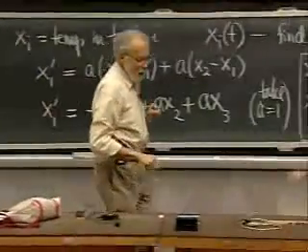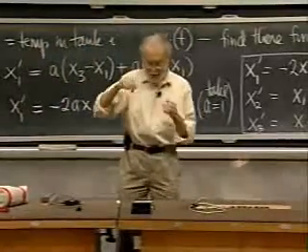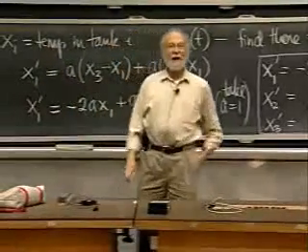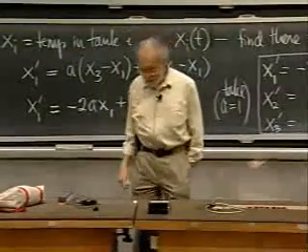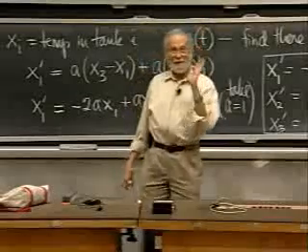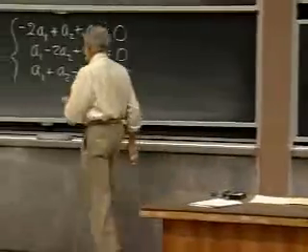What will happen if you punch in those coefficients and then punch in A inverse? What answer will it give you? 0, 0, 0. I mean, it won't give you any answer.